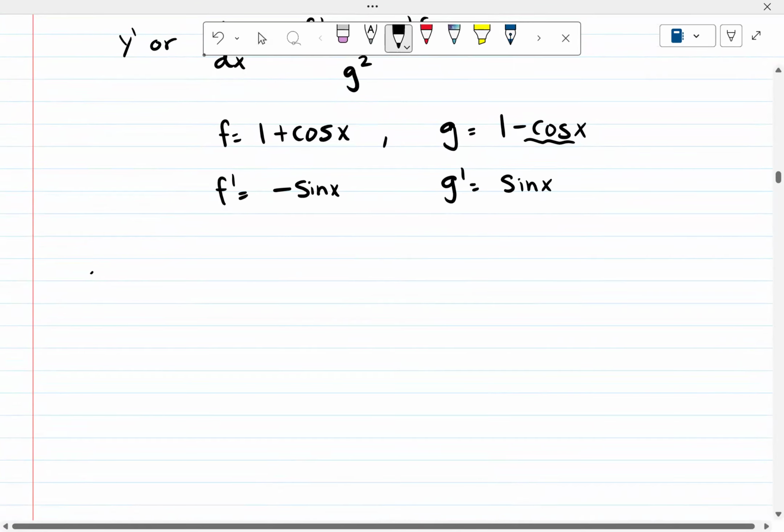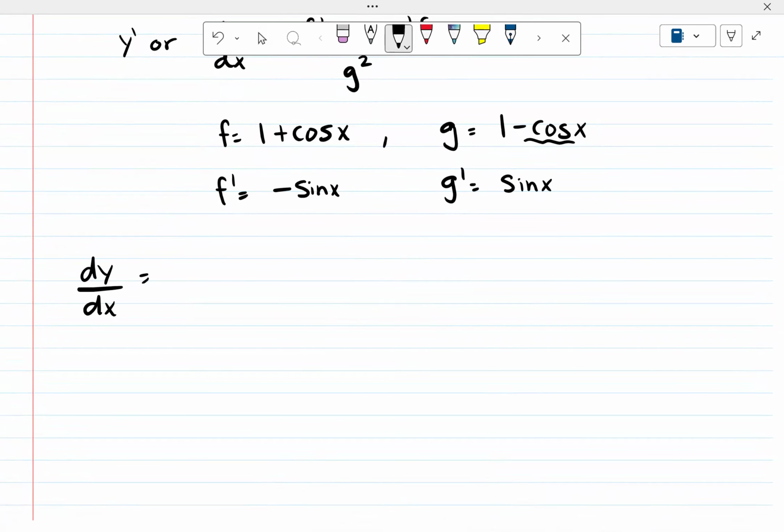So you could say dy dx, or you can also say y prime. And then just apply the quotient rule: f prime of g minus g prime of f, over g squared.